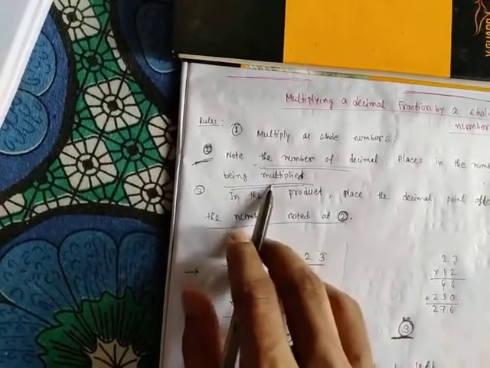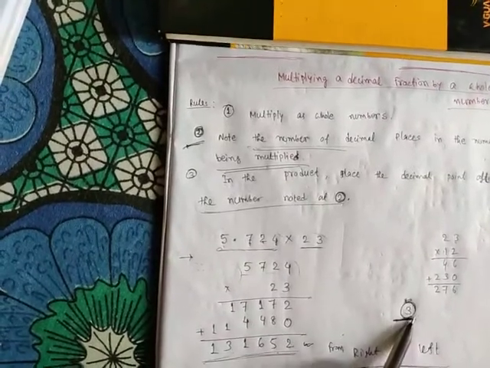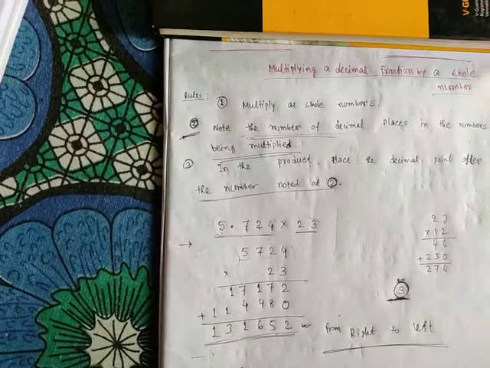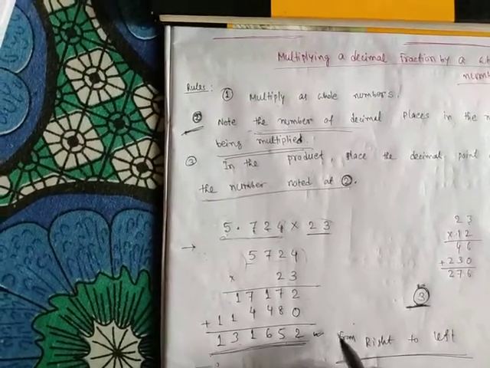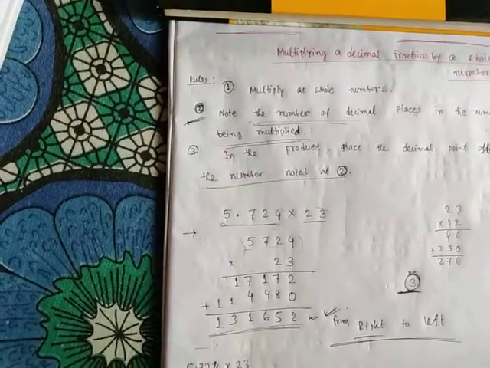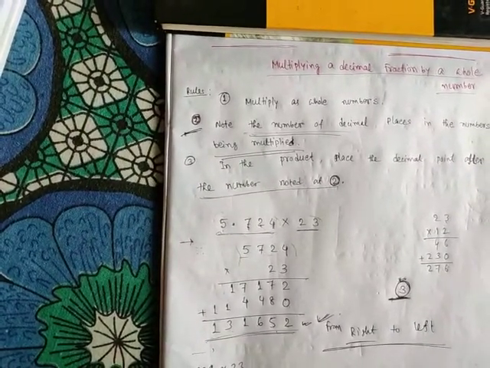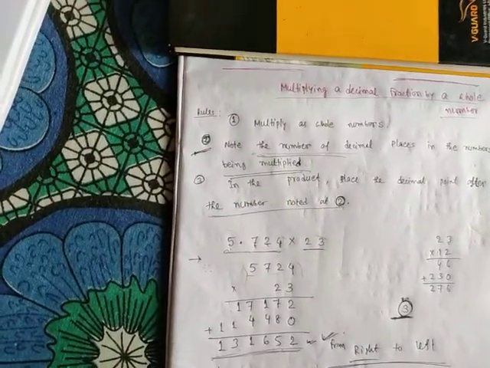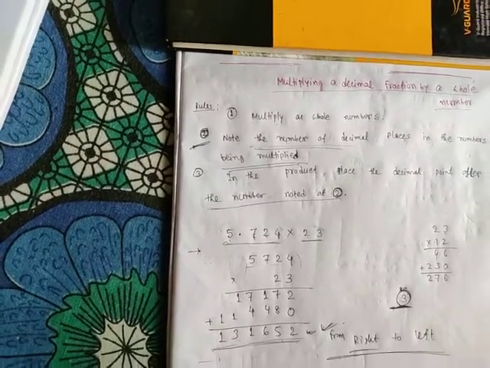I have counted 3 decimal places, so I place the decimal point after 3 digits, counting from right to left. So count 1, 2, 3. The decimal point will be here.